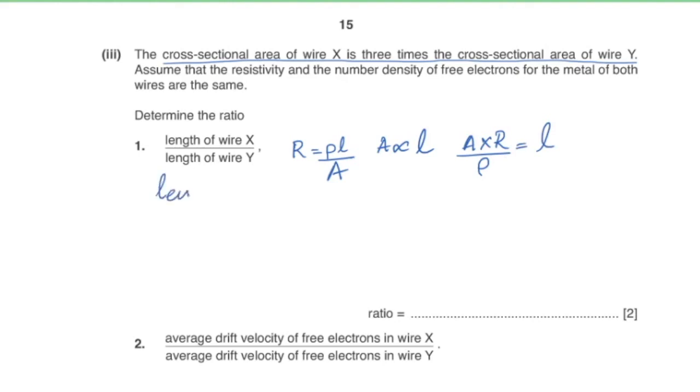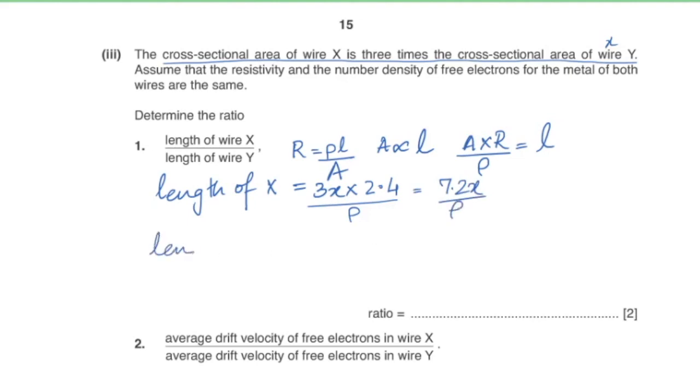So the length of wire X is equal to the cross-sectional area of wire X, and I'll suppose that the cross-sectional area of wire Y is x, so that of wire X would be 3x, multiplied by the resistance of wire X, which is 2.4 ohms, divided by the resistivity.